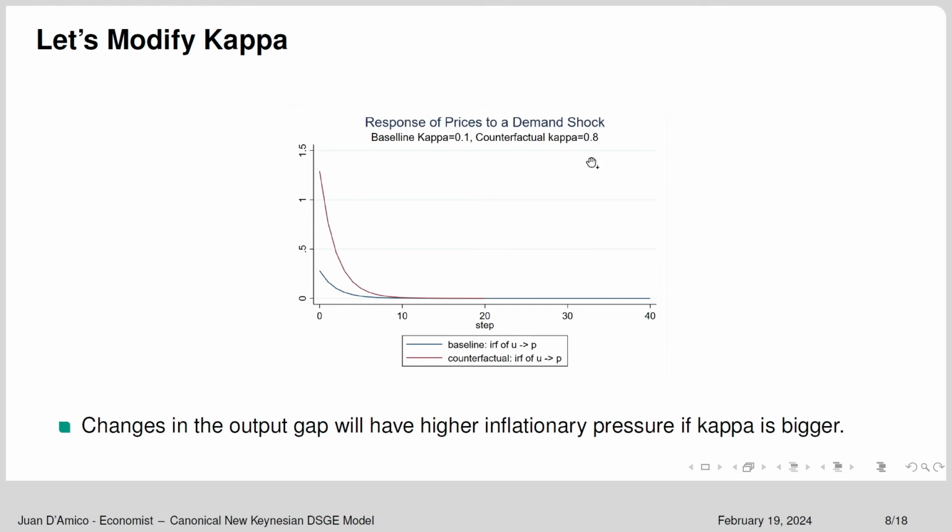Now, if kappa is big, 0.8, this means that the prices are not sticky. So look how inflation now increases when the output gap expands. You can see then that kappa, the price stickiness, does play a crucial role in seeing how changes in the output gap are going to have pressure on prices.